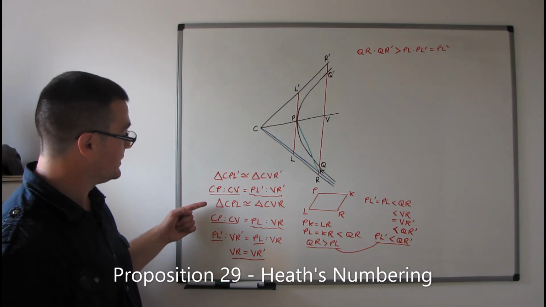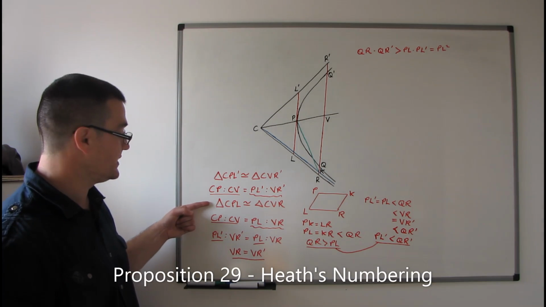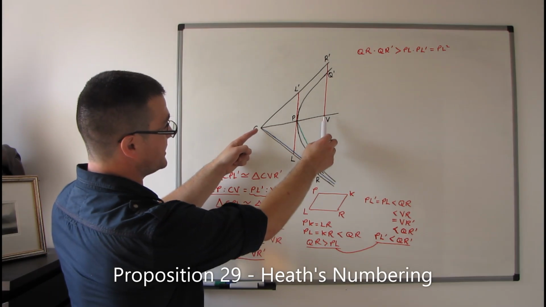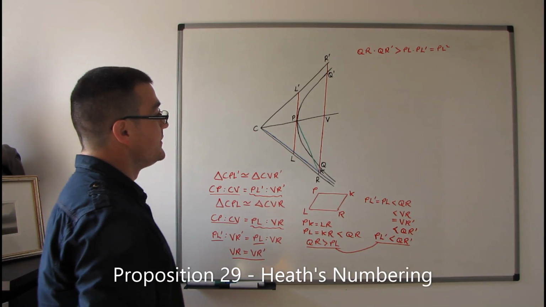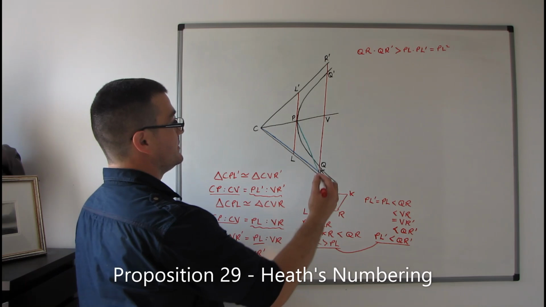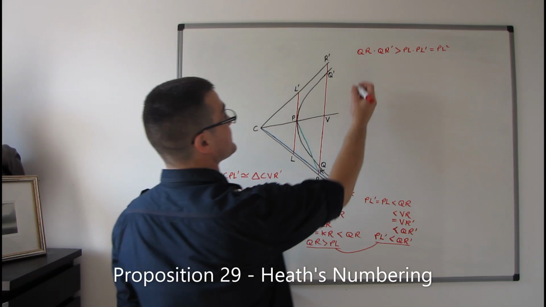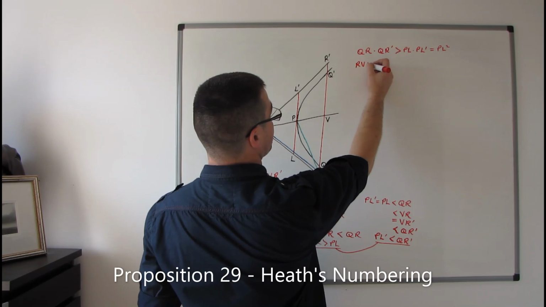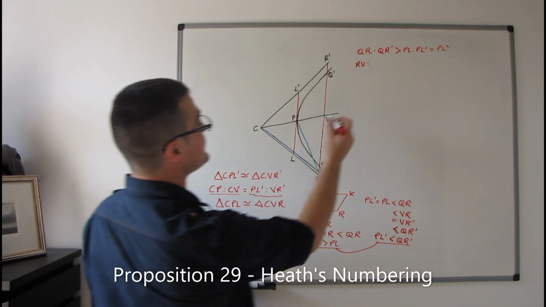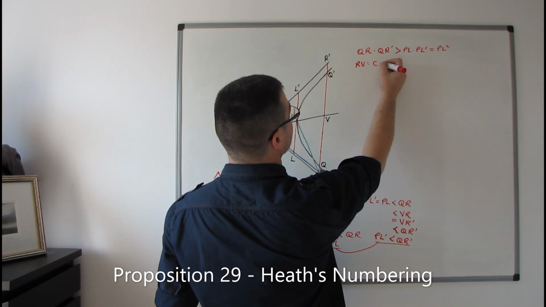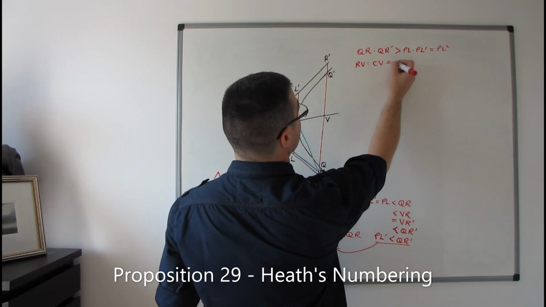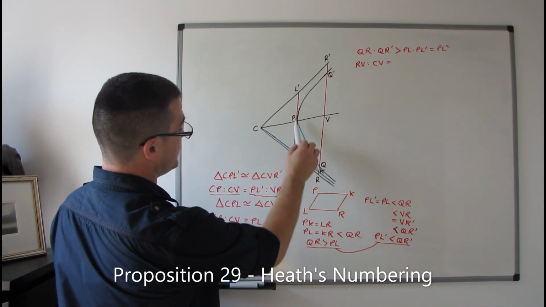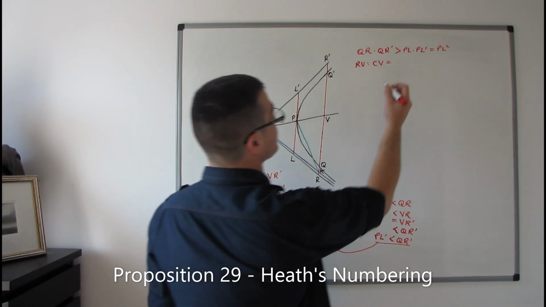Okay, and now let's have a look at this particular similarity again, which is triangle CPL is similar to triangle CVR. Then I get the following, that the ratio of RV to CV is equal to the ratio of PL to CP.